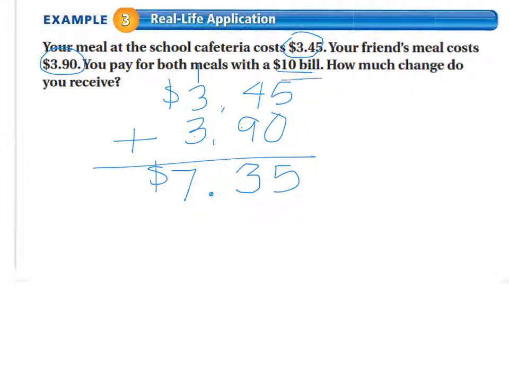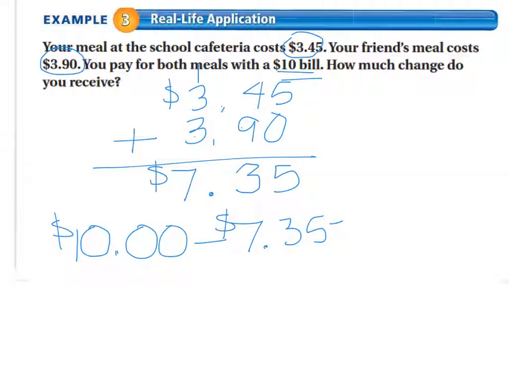I paid $10, so now I have $10, which I'm going to write as a decimal with dollars and cents, minus $7.35, and that would be the change I would get back.